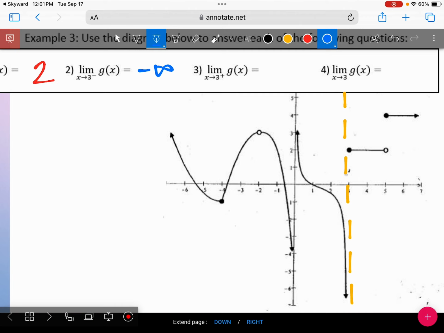On the right side of that yellow dotted wall, what is it doing? It's constant. And where is it at? 2. Because these are different, they have to agree. If they don't agree, then the limit at that point is what? Does not exist. That's it.